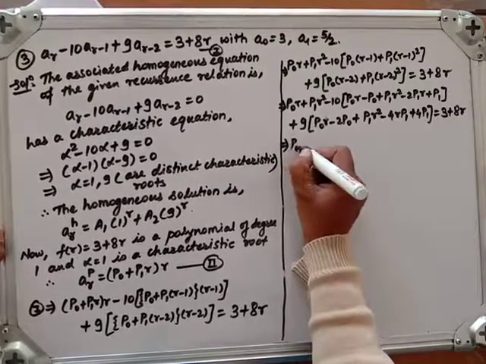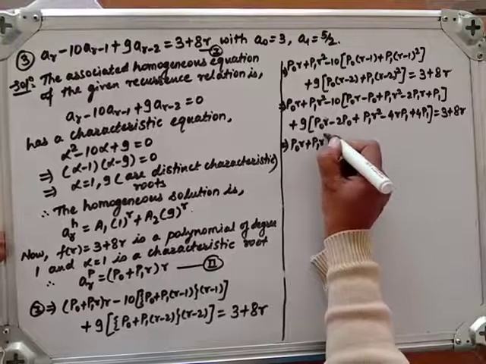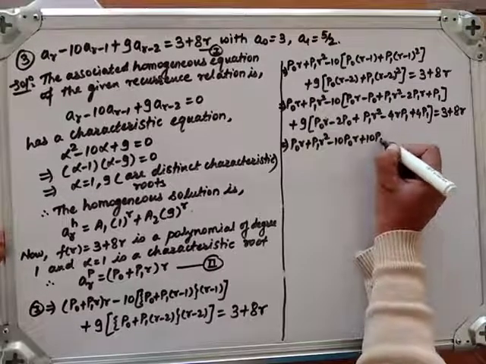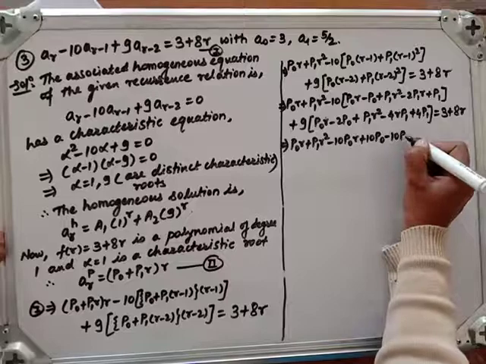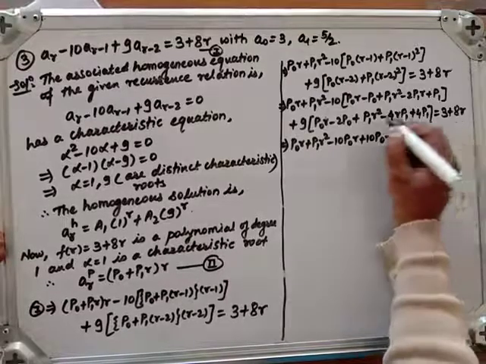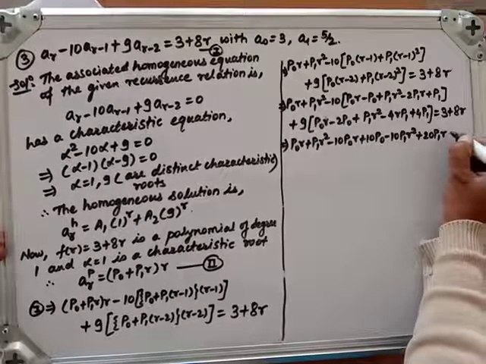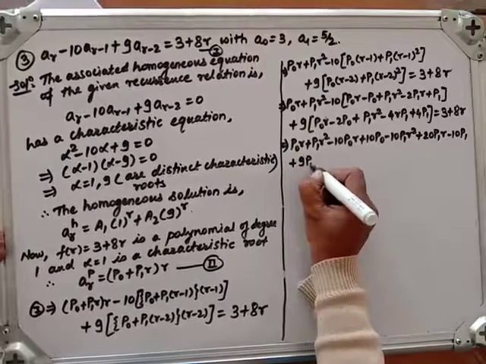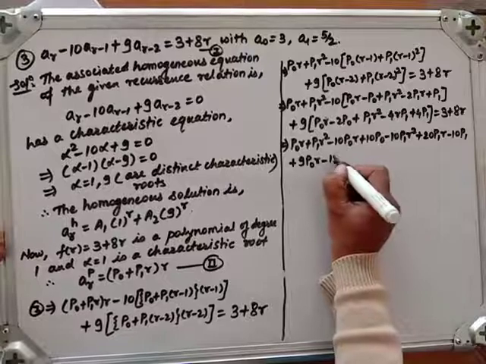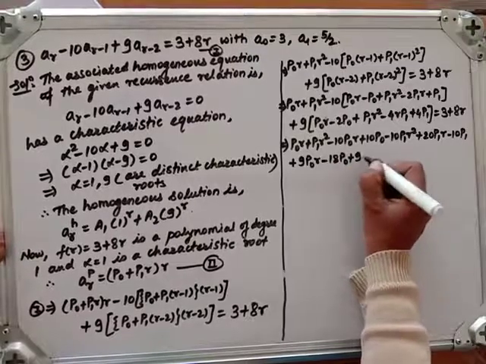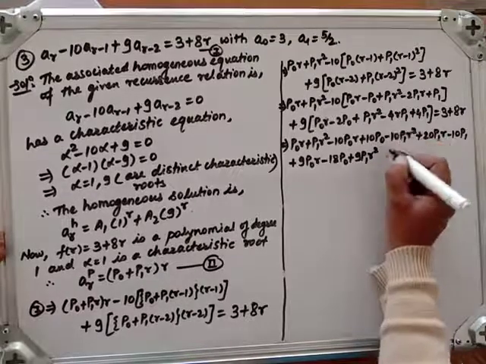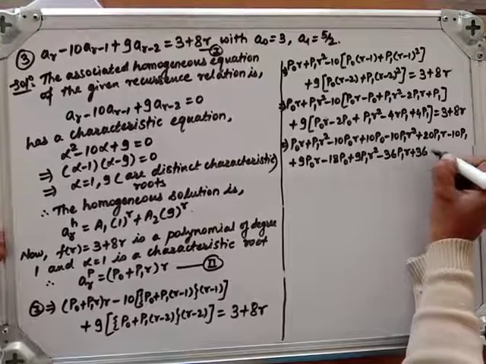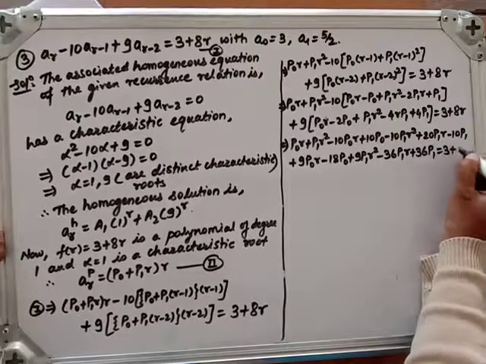So this is P0 r plus P1 r square minus 10 P0 r plus 10 P0 minus 10 P1 r square plus 20 P1 r minus 10 P1, again plus 9 P0 r minus 18 P0 plus 9 P1 r square minus 36 P1 r plus 36 P1, equal to 3 plus 8r.